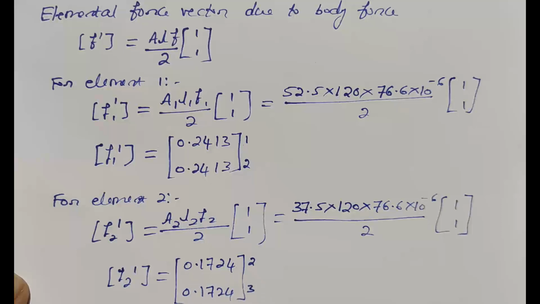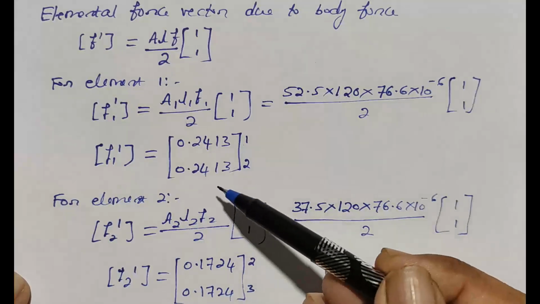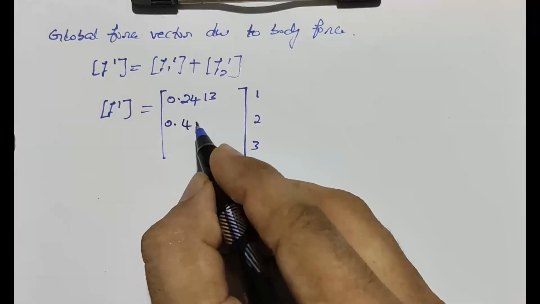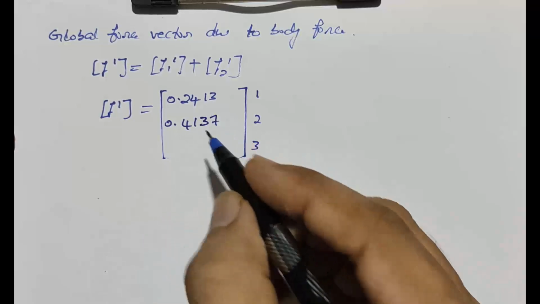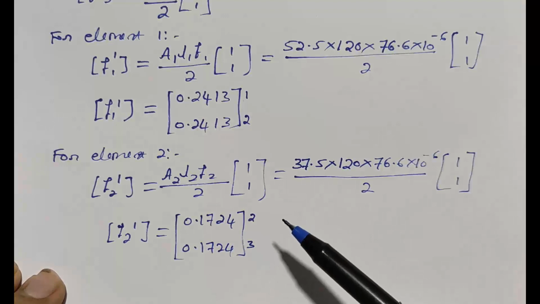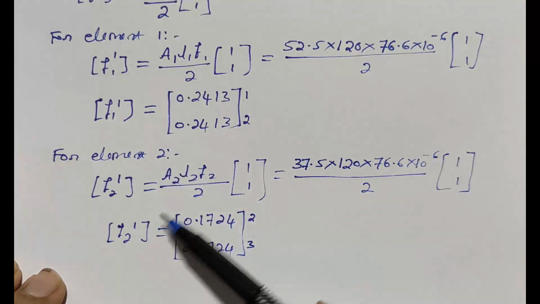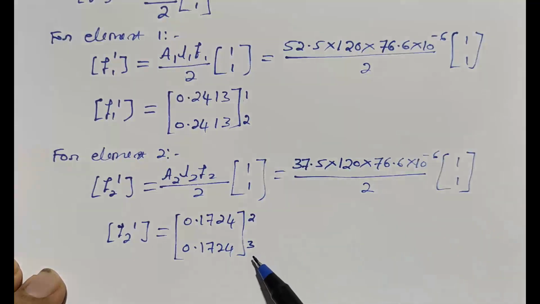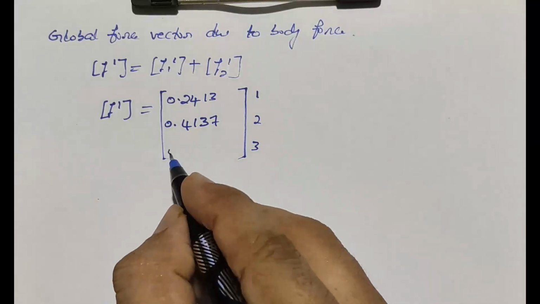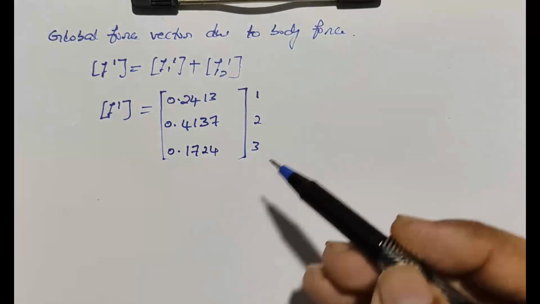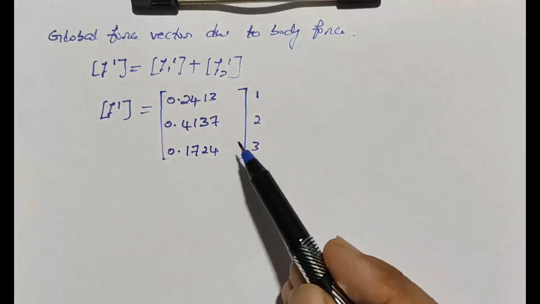So for global body force vector you have to add these two. It will be 0.4137. Next element corresponding to 3. Here we don't have any element corresponding to 3 in the first element, but in the second we have element corresponding to 3, that is 0.1724. Therefore here we will get 0.1724. So this is the global force vector due to body force.